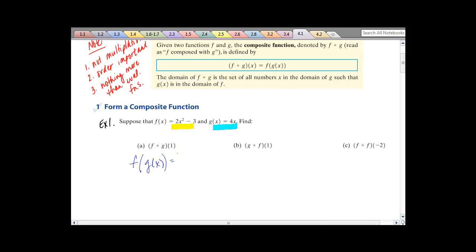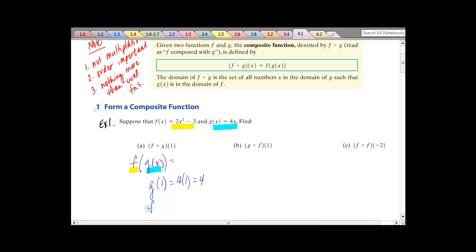The first thing I'm going to do is find the inside function. Remember that was g of x. So I'm going to evaluate g of x at 1. g of x is 4 times 1, which gives me back 4. Now I'm going to evaluate the second part of my function, the f part, at this new value.